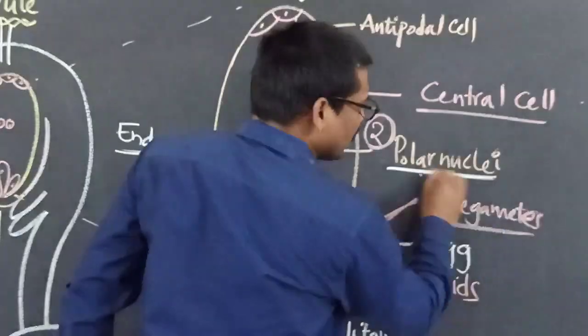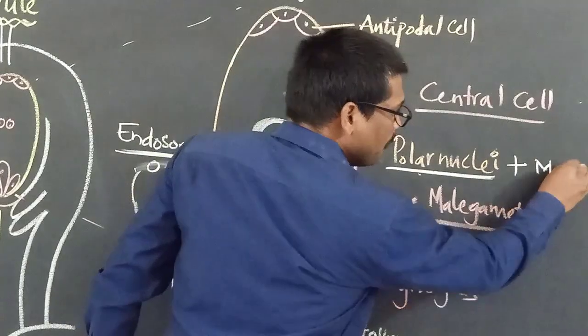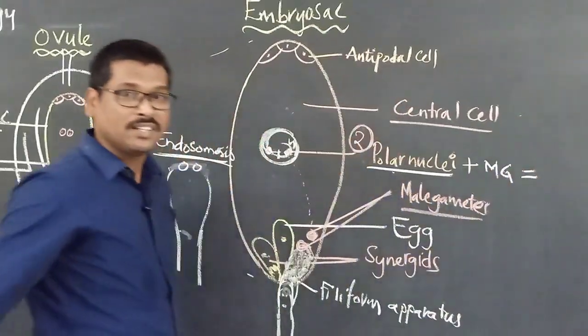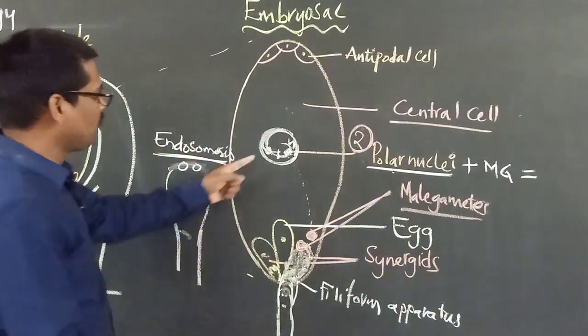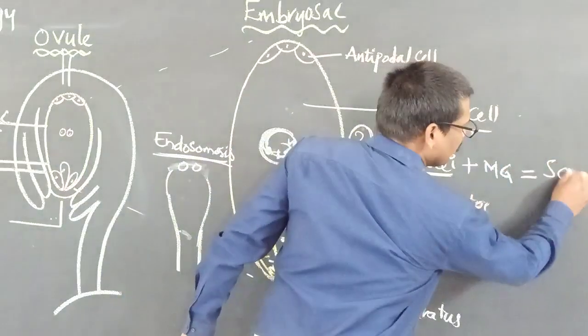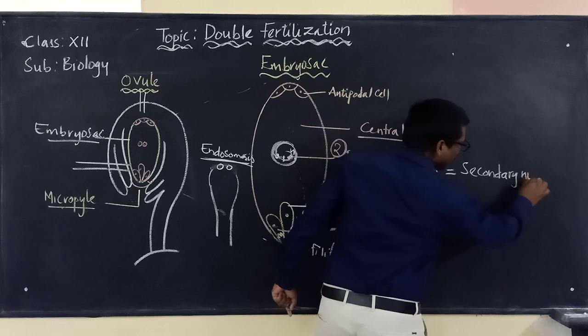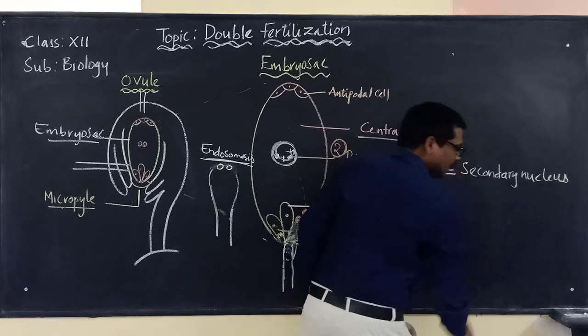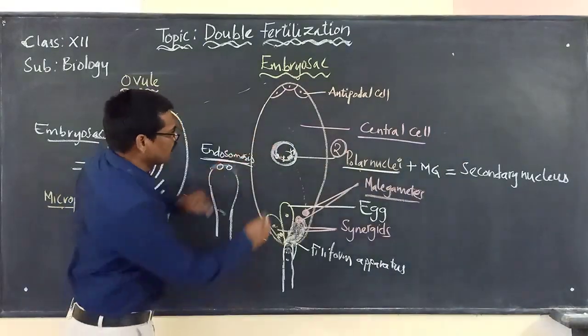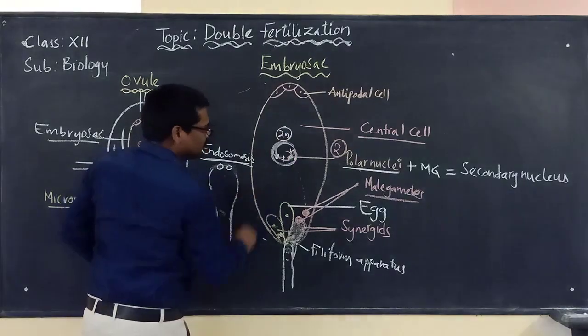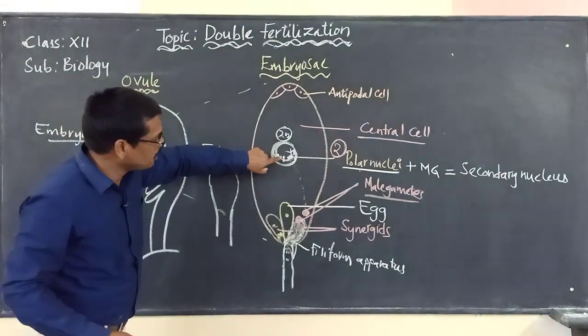But the same structure, when it is fused with one of the male gametes, we are calling it the secondary nucleus. Please remember this. Secondary nucleus. So two nuclei, now it is a diploid nucleus.